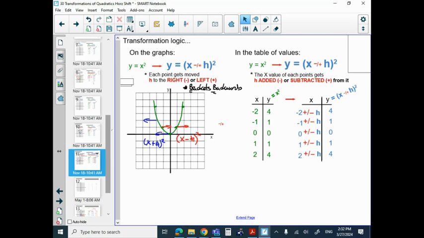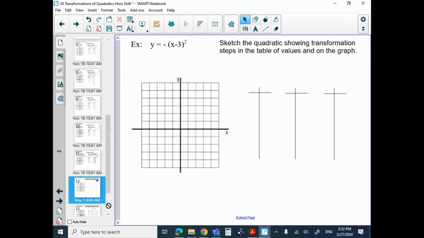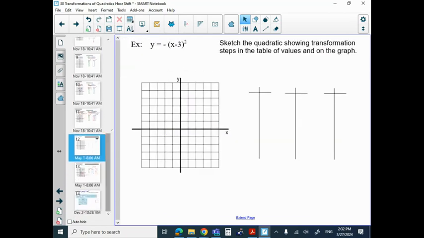All right, so the next one here, this is the same idea as before: if you're doing more than one transformation, you want to start with the original. So x and y, where y equals x squared, of course, and we have our -2, -1, 0, 1, 2, and squaring it gives us 4, 1, 0, 1, 4.